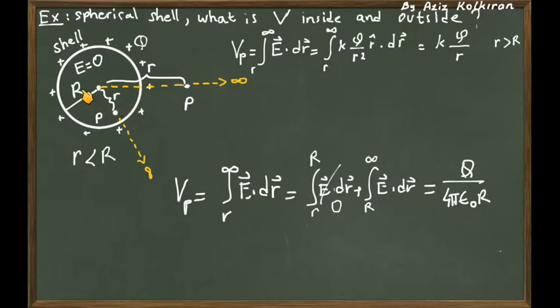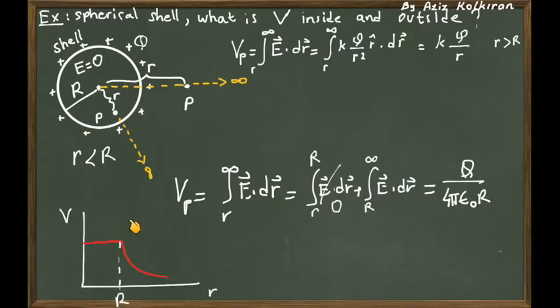For every point inside the shell, the potential is just kq divided by capital R, because the electric field is equal to 0 wherever you go inside this shell. If you have a charge in your pocket, wherever you go inside the shell, you will not experience any force. If you don't experience any force, that means you don't change the potential, and the potential is just the same as the potential of any point on the surface.